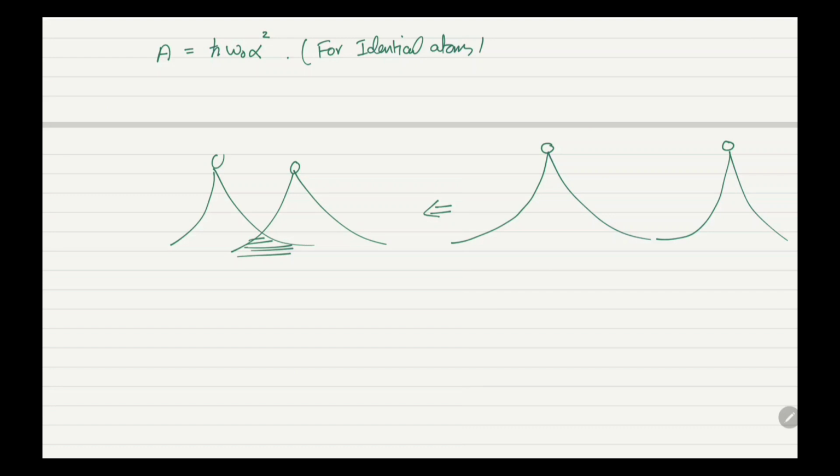At close enough separations, the overlap energy is repulsive, mostly because of the Pauli exclusion principle. Just a quick reminder for the Pauli exclusion principle: two electrons cannot have all their quantum numbers equal.